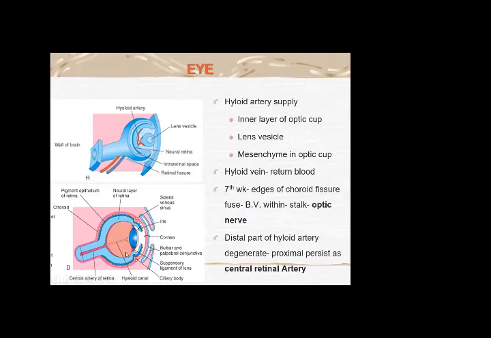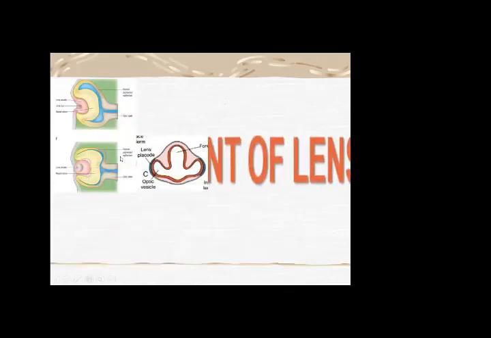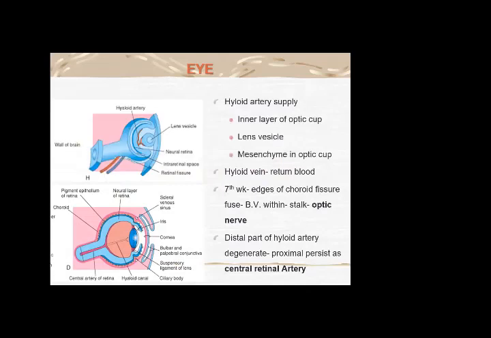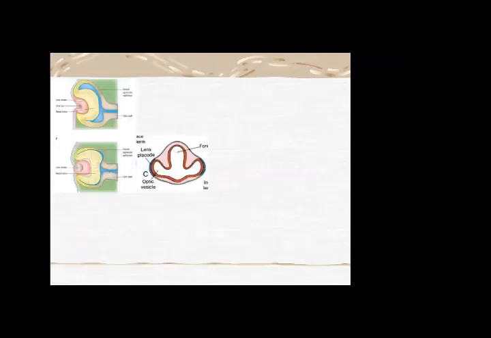However, this part, which is lying inside the optic stalk, entering from the choroid fissure, ये part, which is trapped inside the optic stalk, persist करता है and develops into the central artery of the retina, which you know is a branch of the ophthalmic artery.